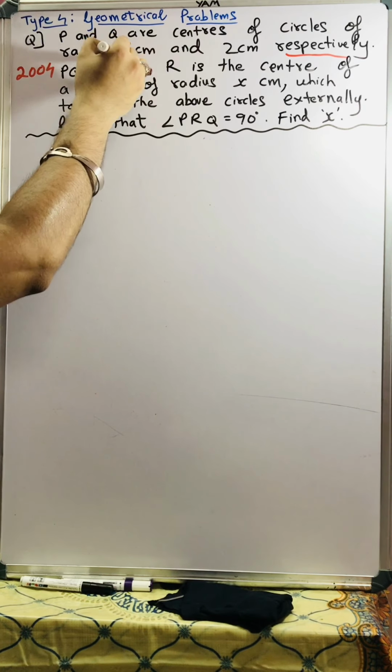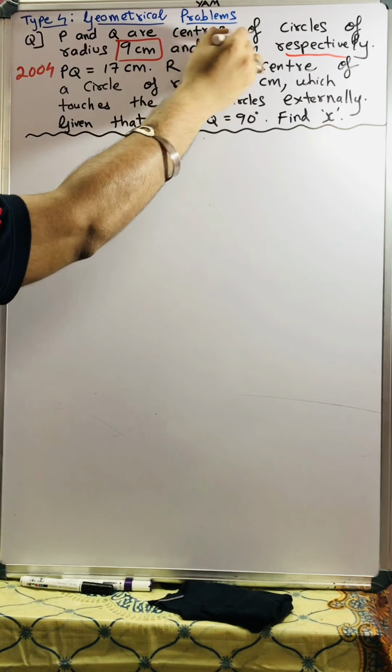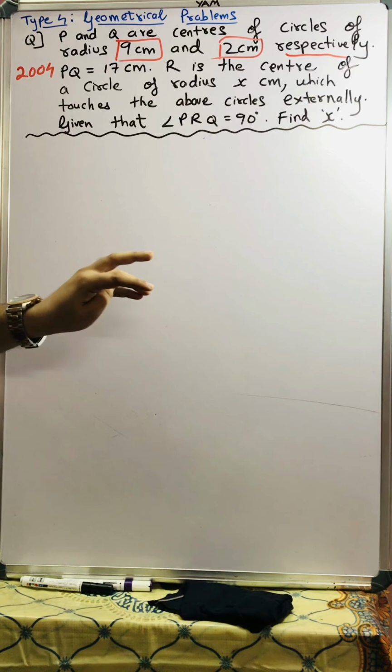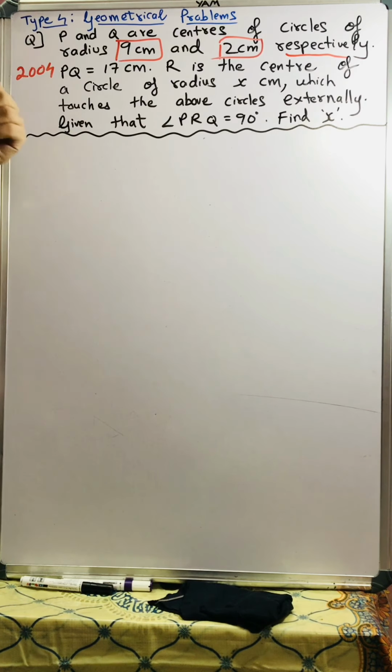The first radius is 9 cm and the other radius is 2 cm. So up till now we understood that we have two circles, and the radius of the first circle is 9 cm and the radius of the second circle is 2 cm.